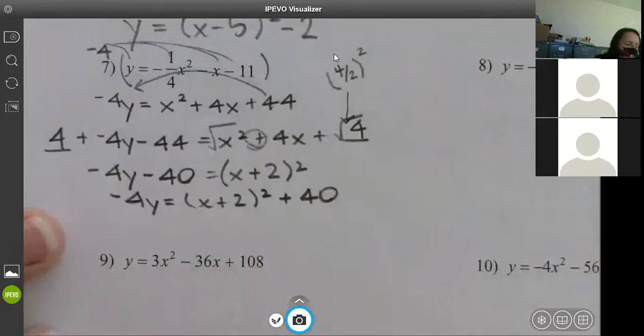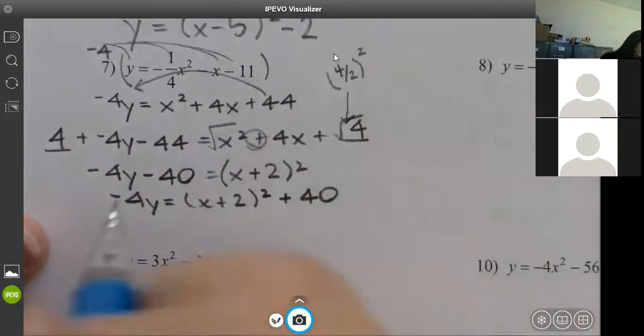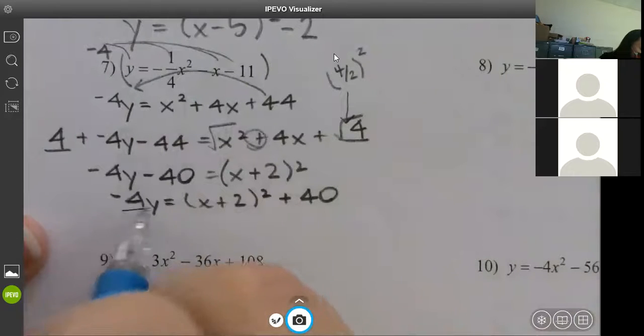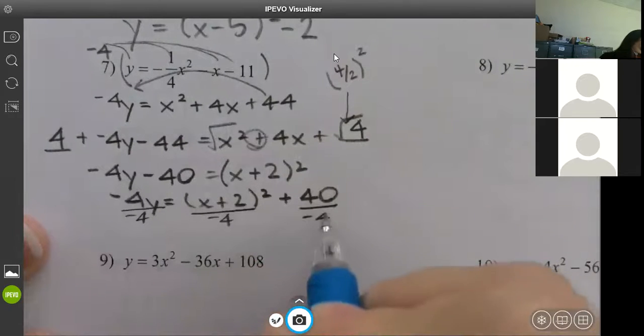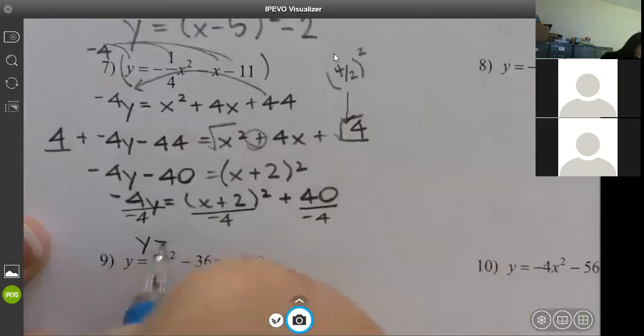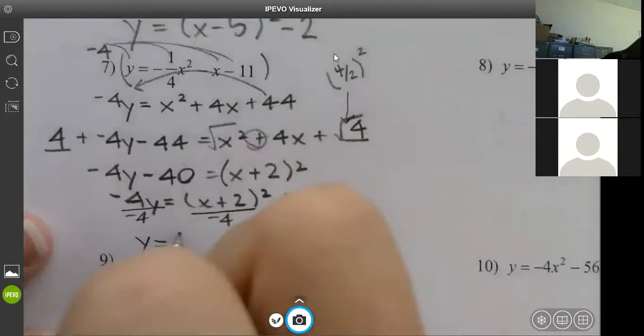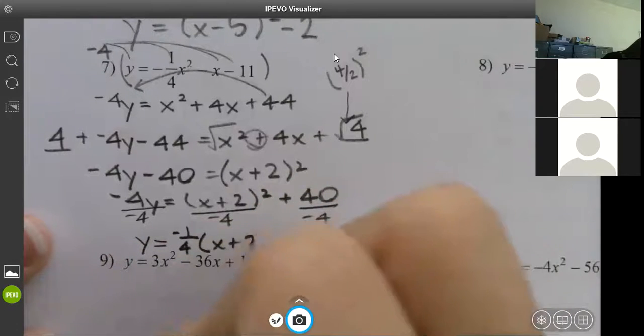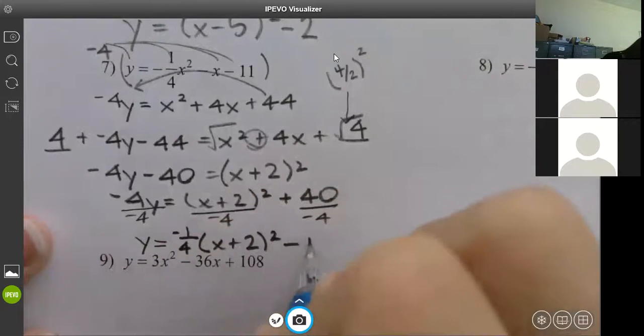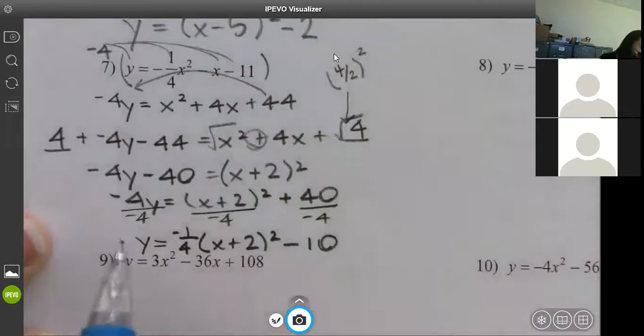And then what's my last step? Divide by negative 4. Get the y by itself by dividing by negative 4. And I get y equals, instead of writing it as x plus 2 squared over negative 4, I'm going to pull out a negative 1/4. X plus 2 squared, and then minus 10.